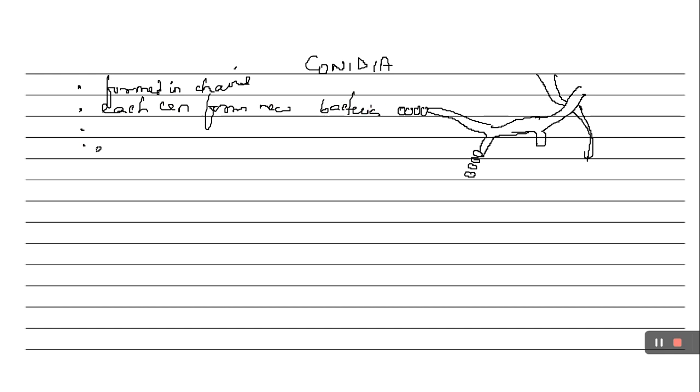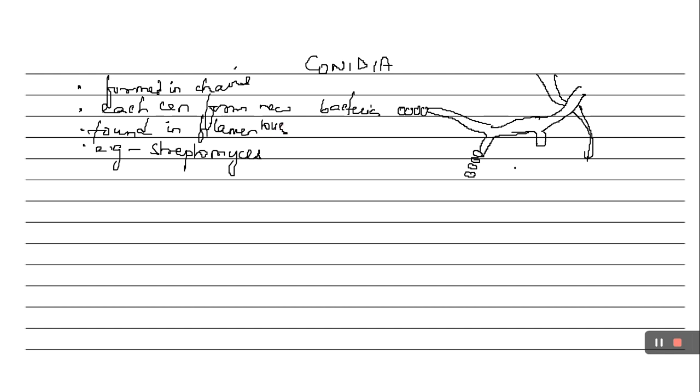The example is Streptomyces. Streptomyces forms conidia, and they are found in filamentous bacteria like Actinomycetes.